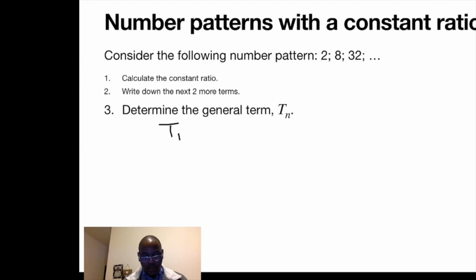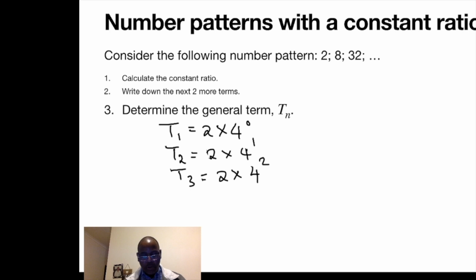If T1 is equal to 2 multiplied by 4 to the power of 0, and T2 is equal to 2 multiplied by 4 to the power of 1, and T3 is equal to 2 multiplied by 4 to the power of 2, what is Tn?